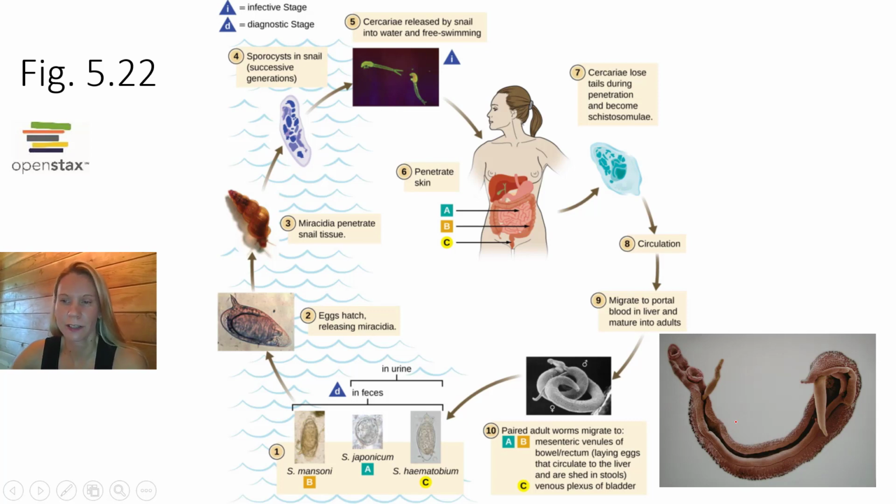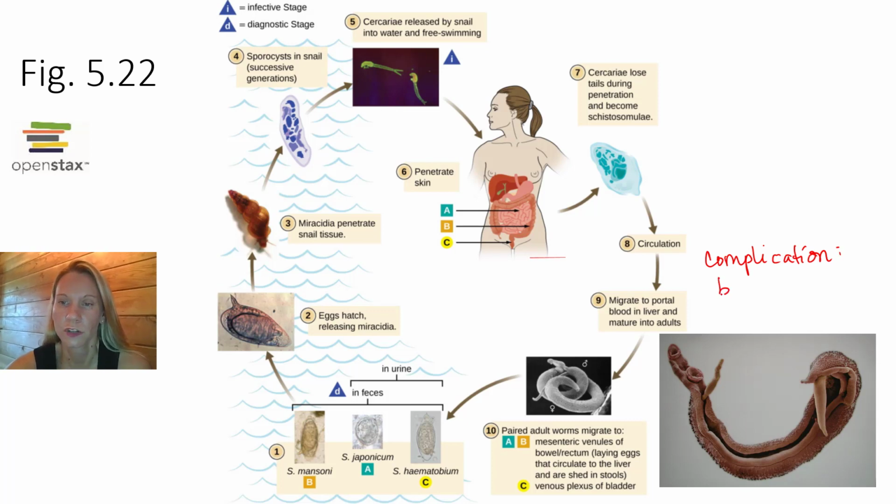There is a complication associated with long-term schistosomiasis, and the complication is bladder cancer. You should watch the story of the woman who goes to Africa on vacation. She swims in Lake Malawi, which is well known to be contaminated with the parasite that causes schistosomiasis.